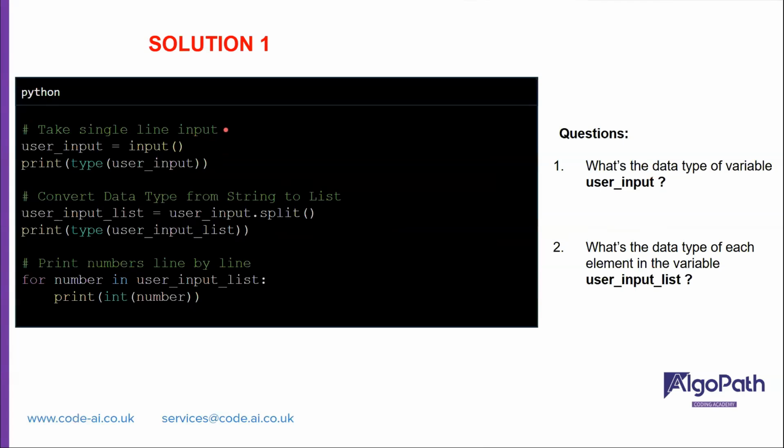So the first thing we want to do is we want to declare a variable, which is this one here. We then take an input from the user, which is here. Notice there's nothing in the input. So it could be a bit better if we just write something simple like enter your numbers.